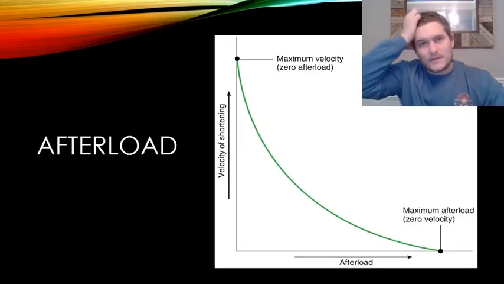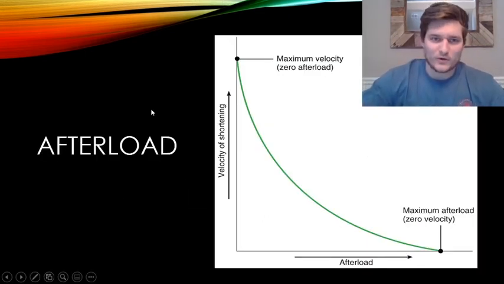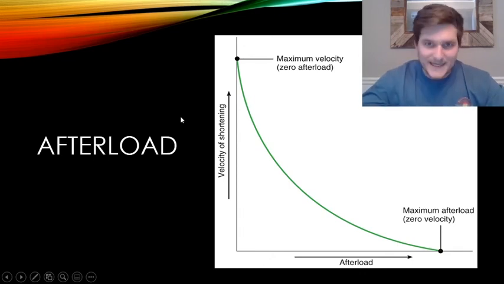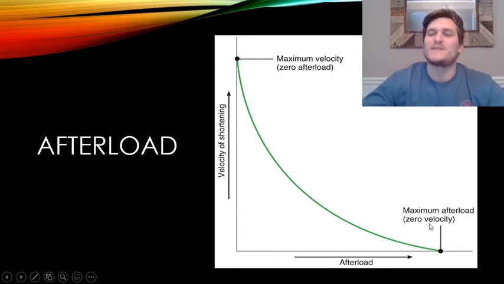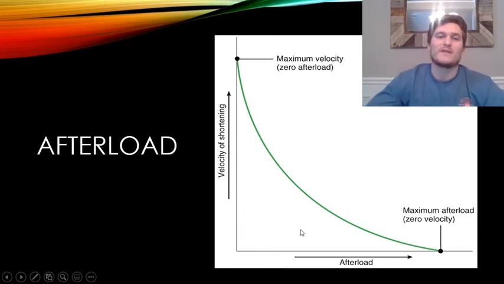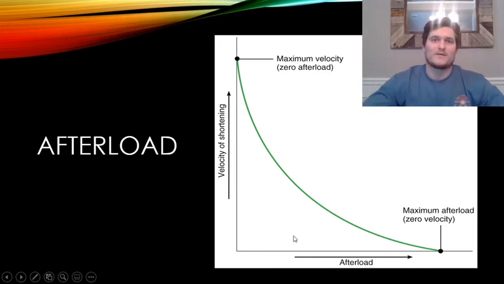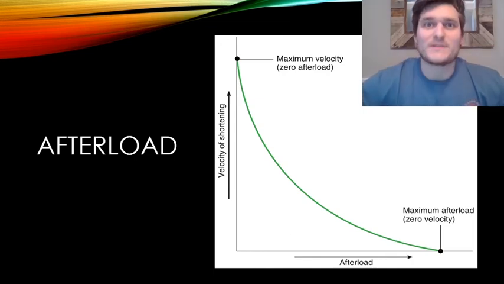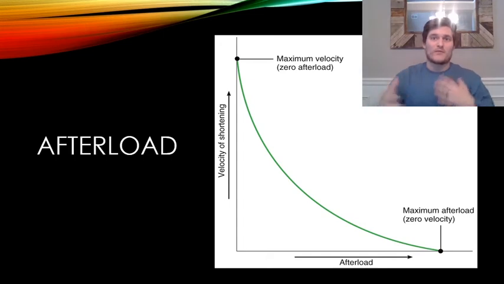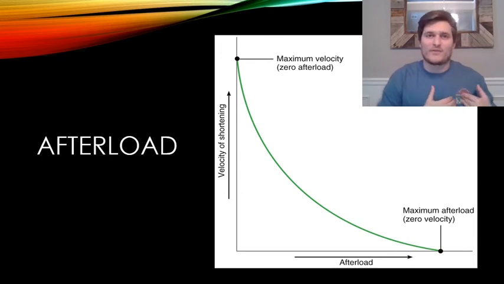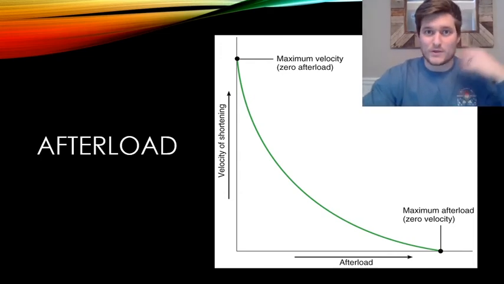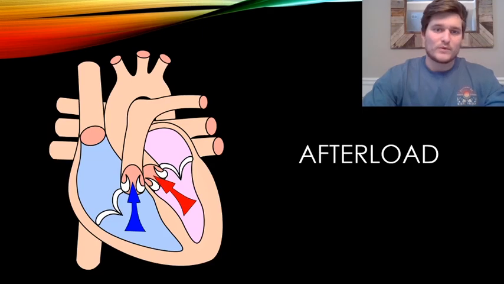Ultimately, an increase in aortic pressure, an increase in afterload, is going to lead to a decrease in the shortening velocity of that cardiac muscle. And that's going to lead to a decrease in the rate of ejection from that ventricle. And ultimately, that's going to lead to more blood left over within that left ventricle. So stroke volume will decrease.